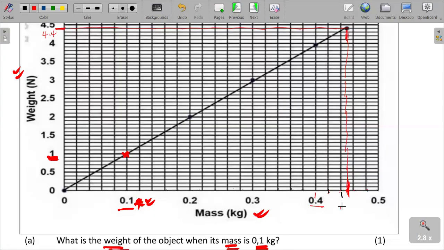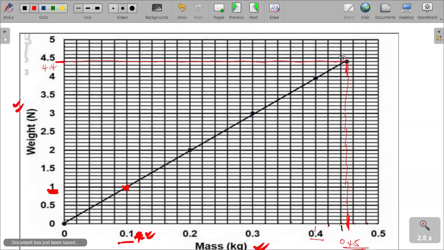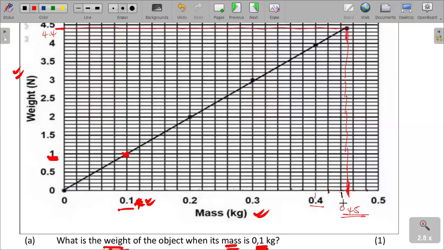Hence it is 0.45. I'm saying it is just a point of contact, a point coordinate of the line that we are given here, which is giving us the right answer, that is 0.45.